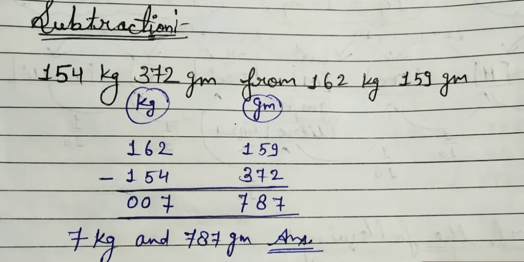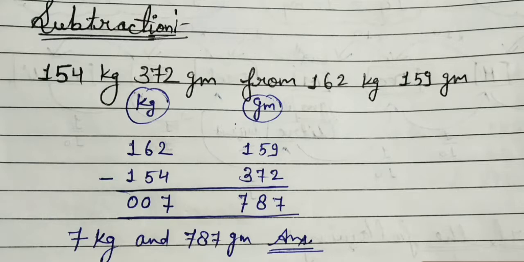In the last lecture, we already started our chapter, that is chapter number 12, metric system, right? This is our chapter and we already started it. In this chapter, I already taught you so many things, like how to convert one unit into another one.